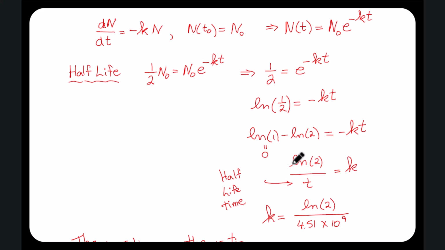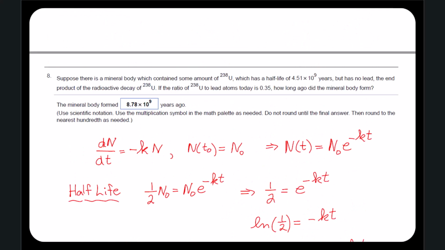And so it is ln of 2 divided by T, and T is our half-life time. So I don't need to know this exact number right now, but we do know what k is. Now let's go back at the wording for the rest of this.